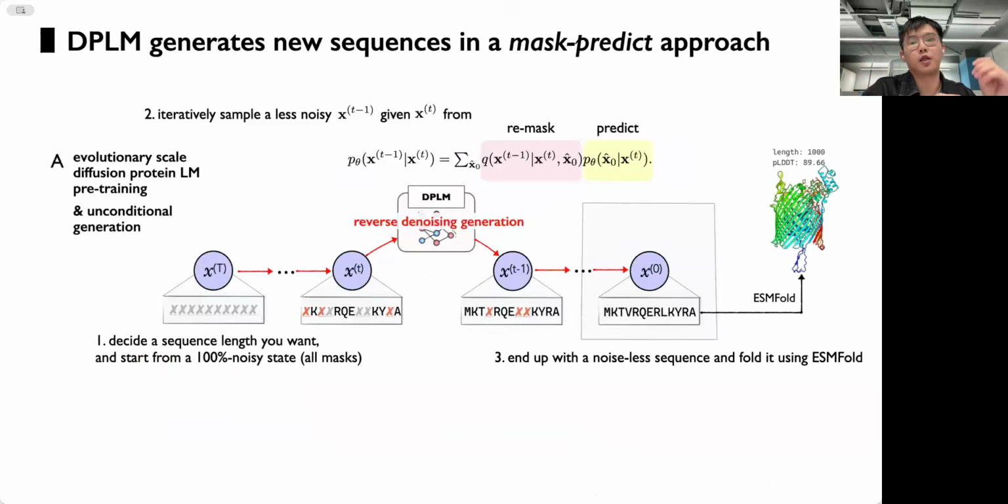After pre-training, we can use our model to generate new sequences. The reverse diffusion process behaves in a mask-predict approach.